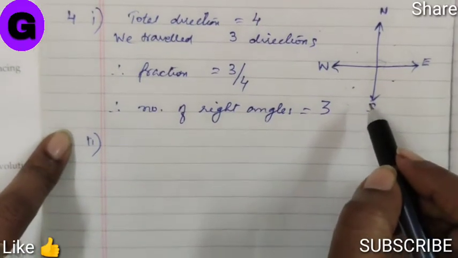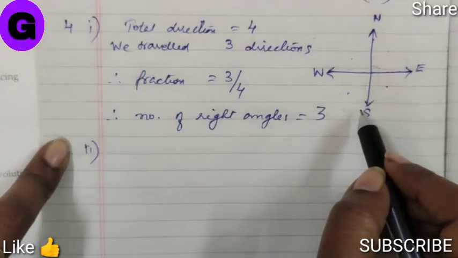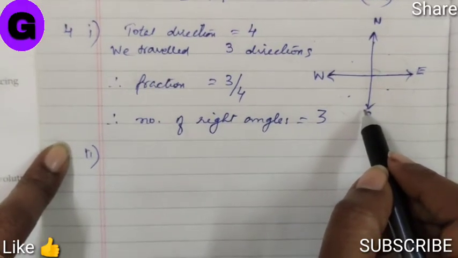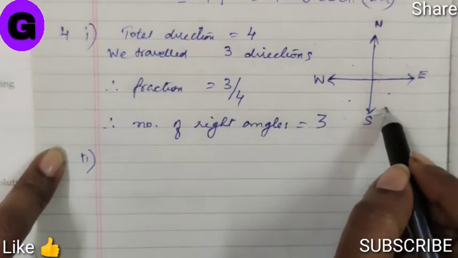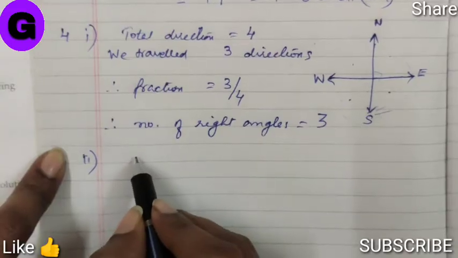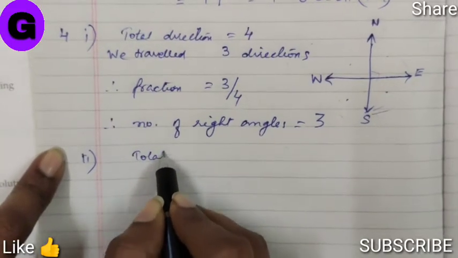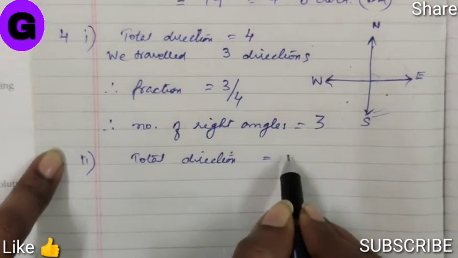Number 2. Now we are facing south and we turn anti-clockwise to face east. That means we are moving back anti-clockwise. That means we have simply travelled one direction. So again, total directions are 4.